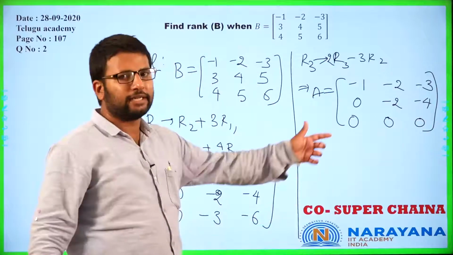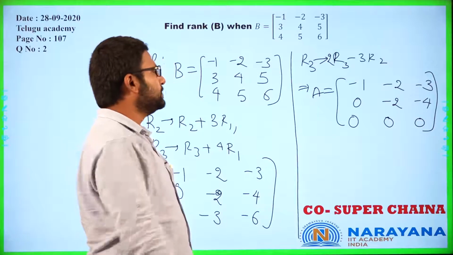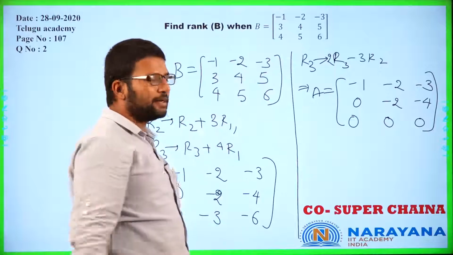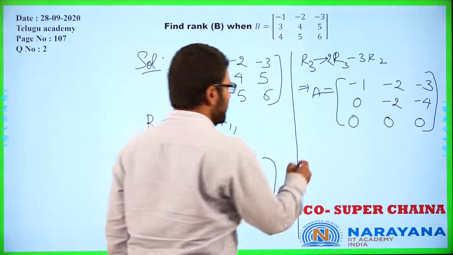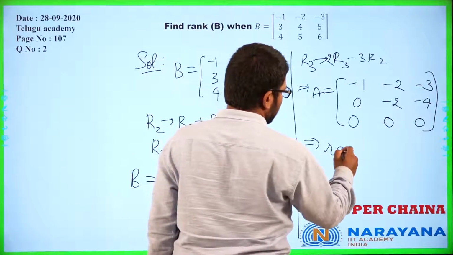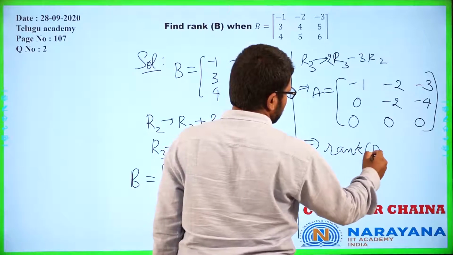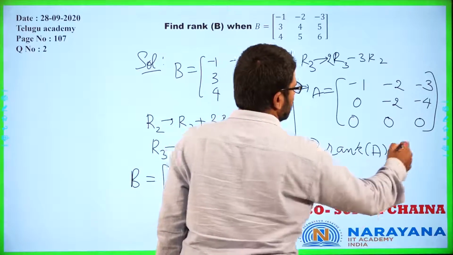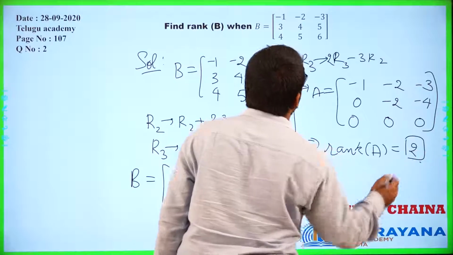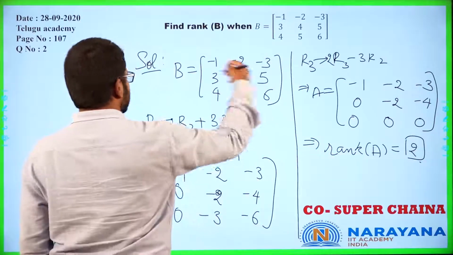That was anyway our intention from the beginning. So the third row is completely 0, which means the rank is 2. Hold on, this is not matrix A, this is matrix B.